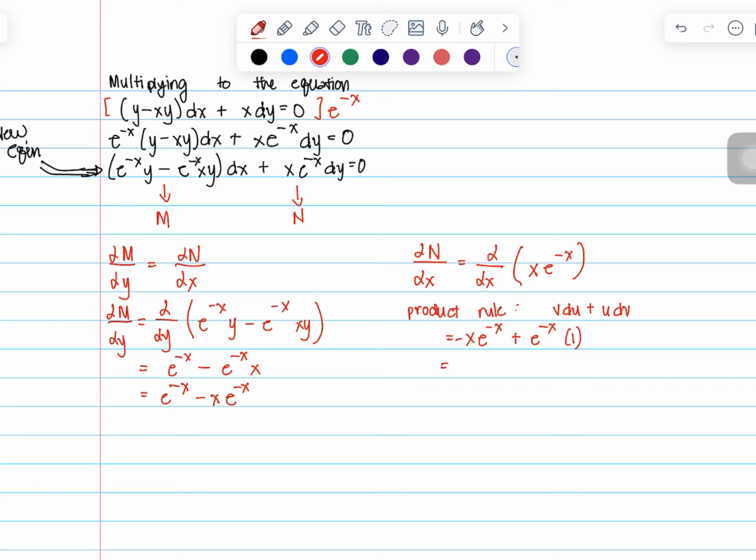So simplifying, we have negative x e to the negative x plus e to the negative x, or rearranging, e to the negative x minus x e to the negative x. So basically, both are equal, and therefore the equation is now exact.